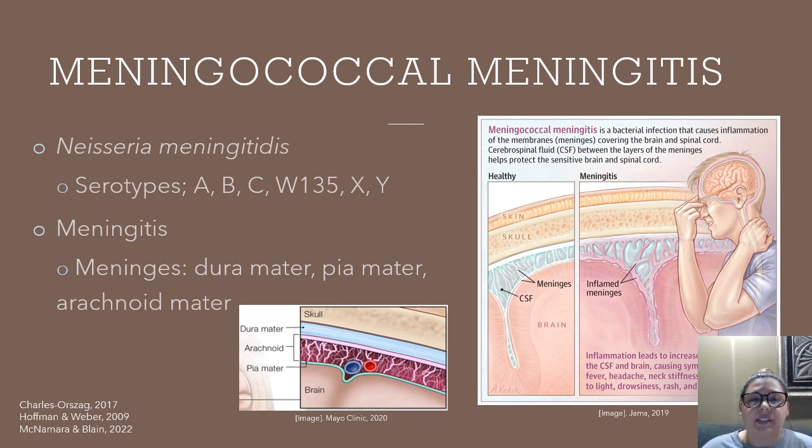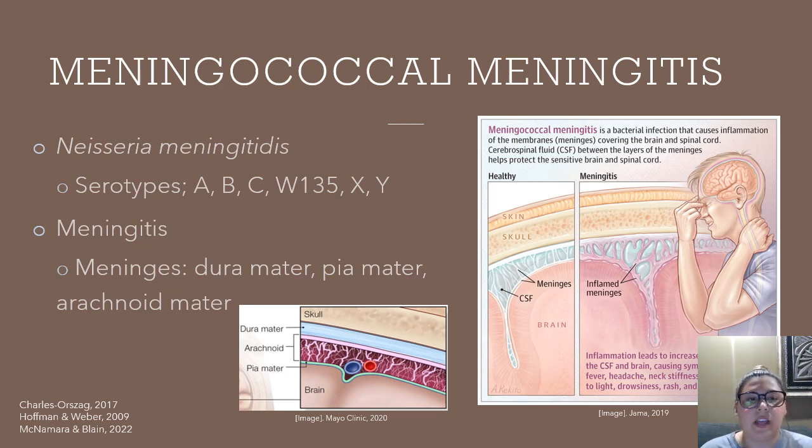Bacterial meningitis is characterized by inflammation in the tissues, or meninges, that surround the brain and the spinal cord. So these three important tissues would be our dura mater, arachnoid mater, and our pia mater.